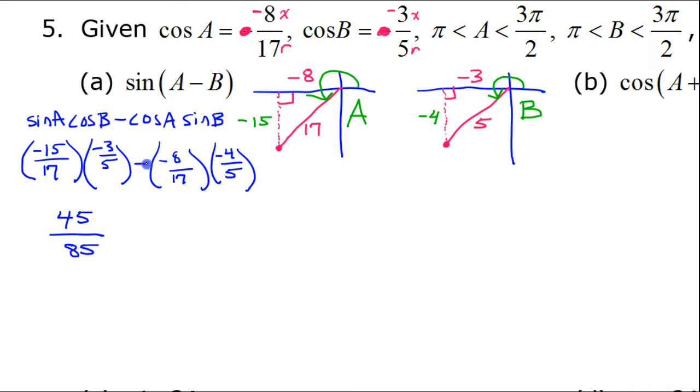Okay, now I have a minus, I have 3 minuses, so I know the net result is it's going to still be minus. So I'm going to have minus, and 8 times 4 is 32. So that's going to be 32 over 85.